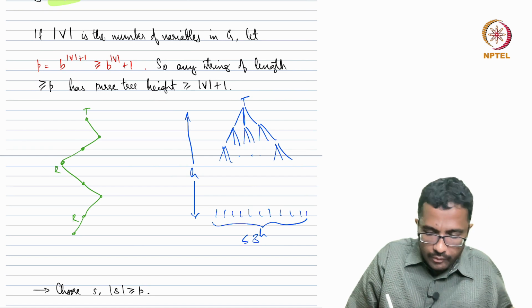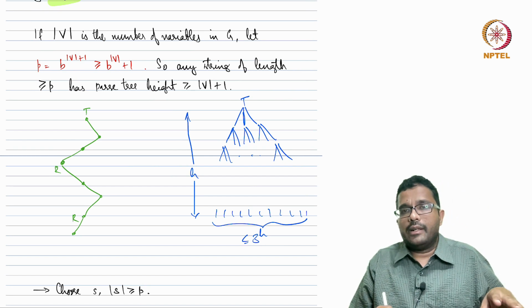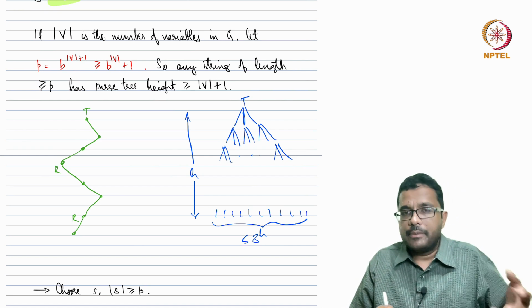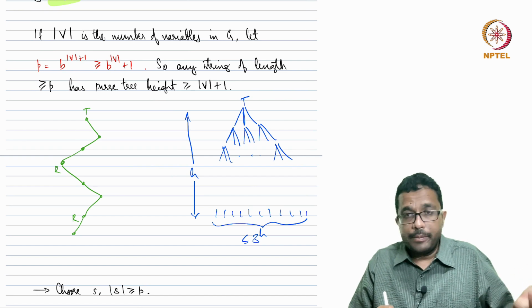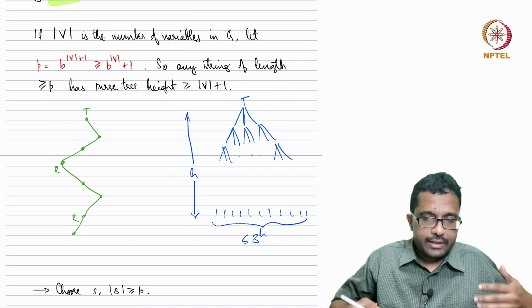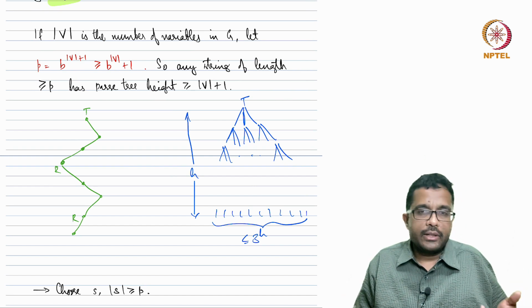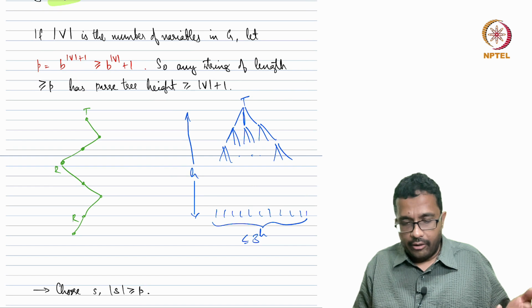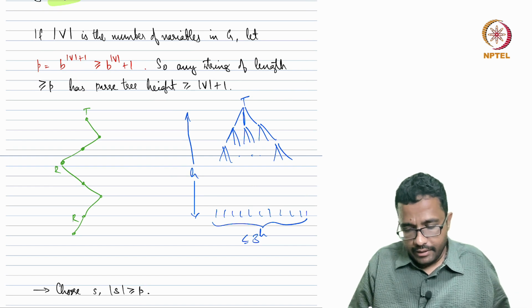So we said that the maximum number of variables or terminals on the right hand side is 3. It could be 2, it could be 1, but this is an upper bound. The worst case is every rule gives 3 variables or 3 terminals or whatever. So now we get 3 power h.